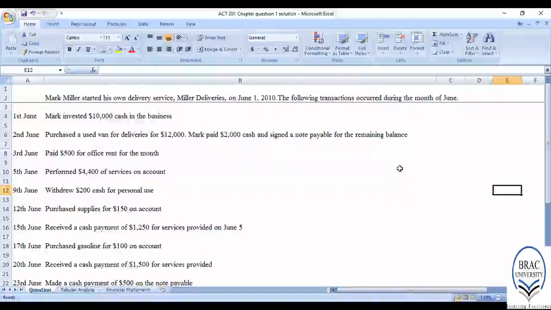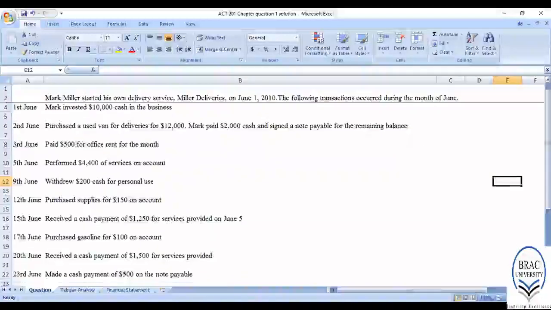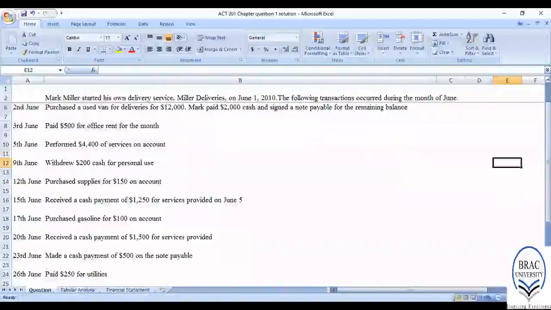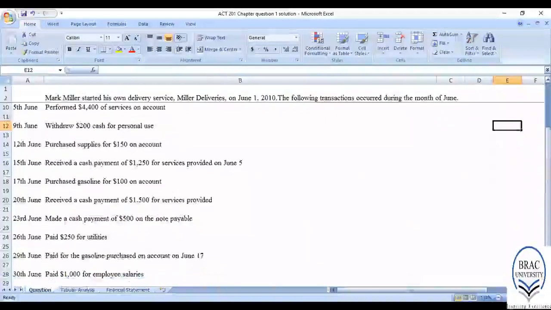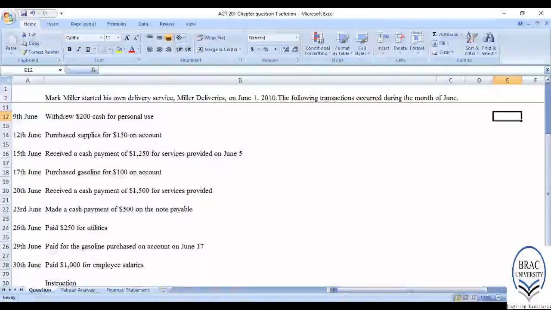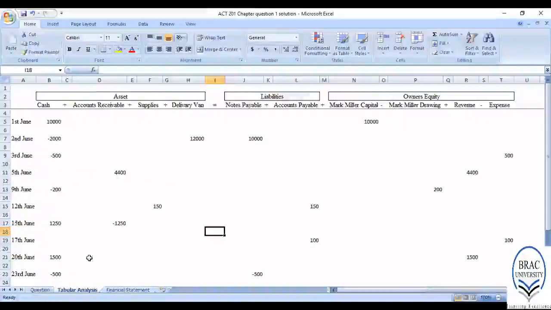Let's go through this information. I'll give you a moment to look at it. Now, let's look at the tabular analysis.